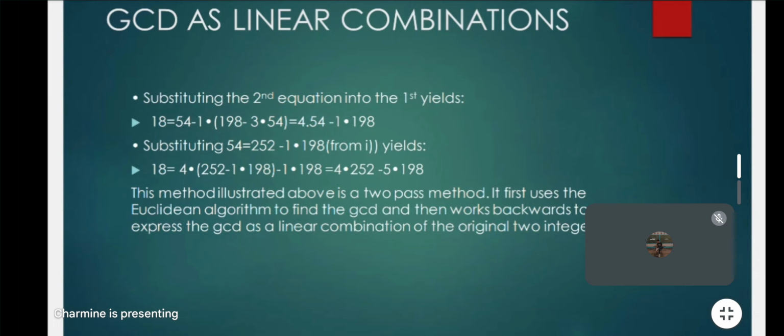This method illustrated above is a two-pass method. It first uses the Euclidean algorithm to find the GCD and then works backward to express the GCD as a linear combination of the original two integers.